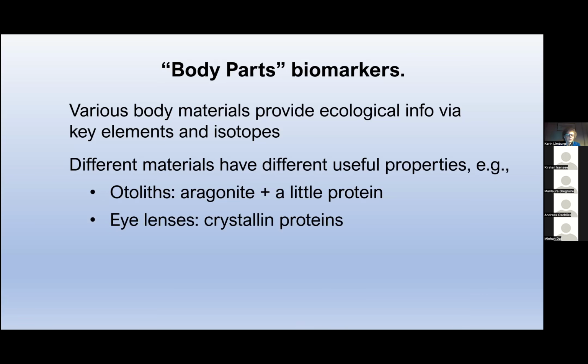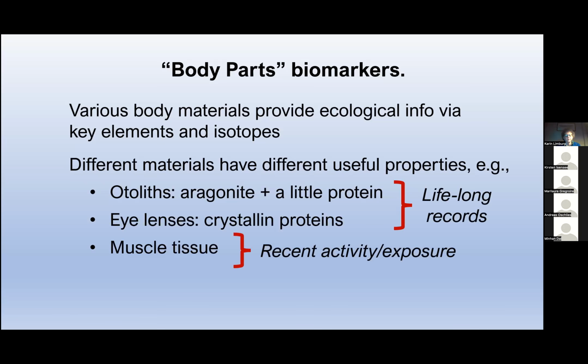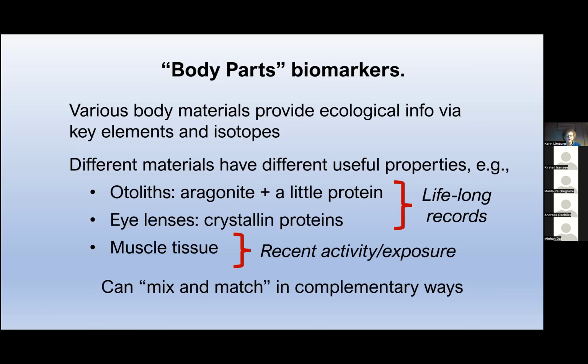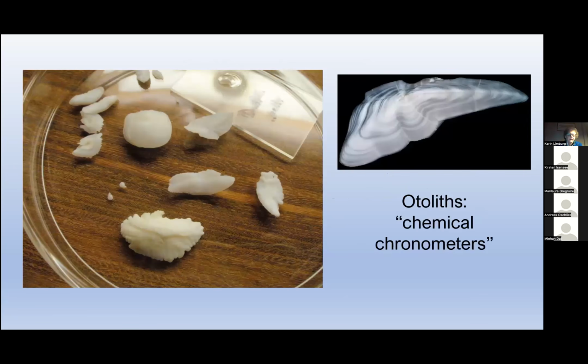Eye lenses are actually completely protein, and then muscle tissue. These top two provide lifetime records as they grow throughout life and accumulate chemistry. Muscle tissue gives you a picture of recent activity. And you can mix and match these in complementary ways. Sometimes it gets a little complicated, but that's what we're going for.